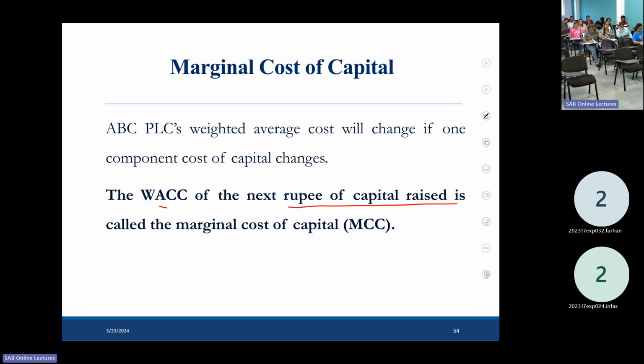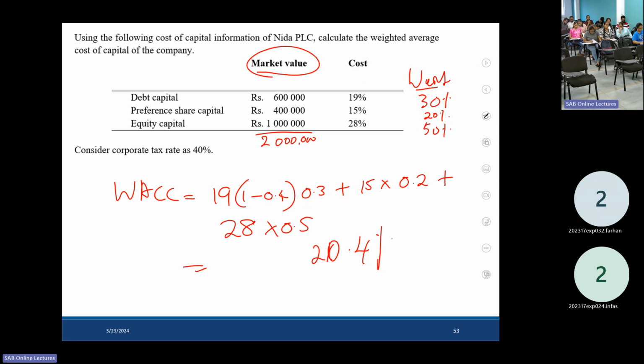Suppose in the previous example your total capital is 2 million, and you want to raise 1 rupee more. You have to get it from debt, preference shares, or equity. When your total capital increases by 1 rupee, what is the weighted average cost?